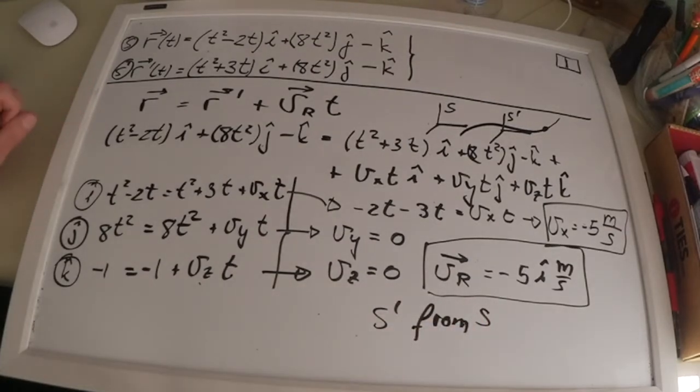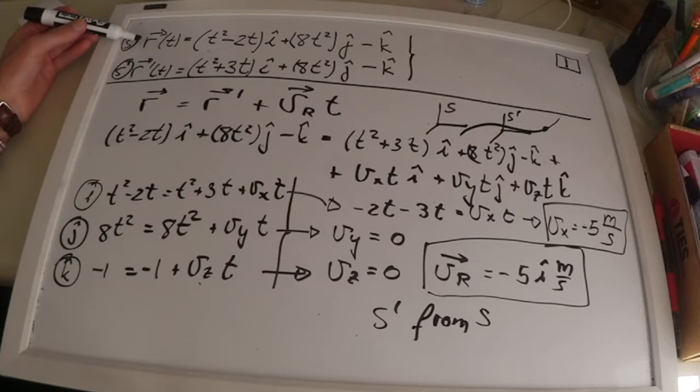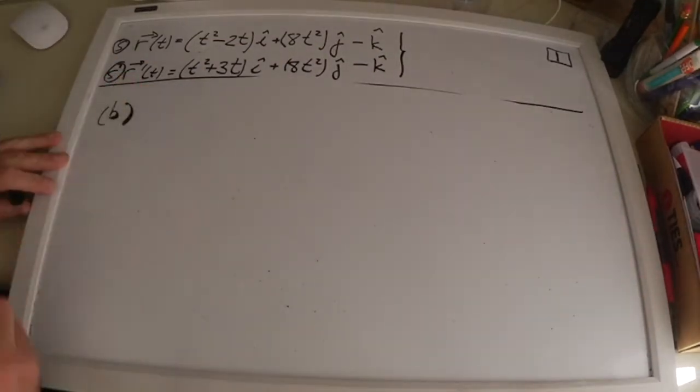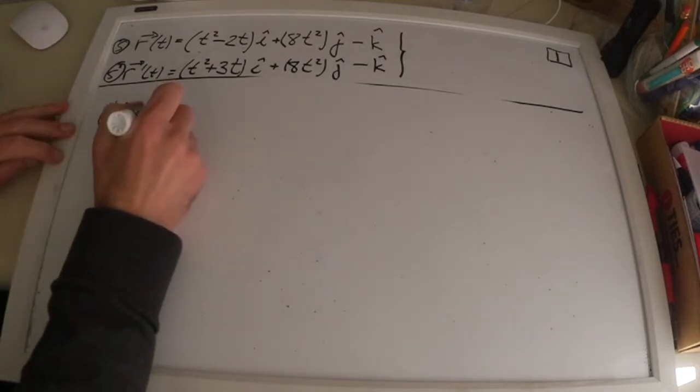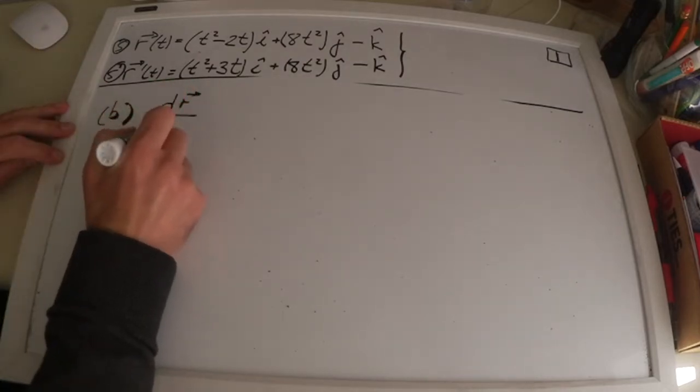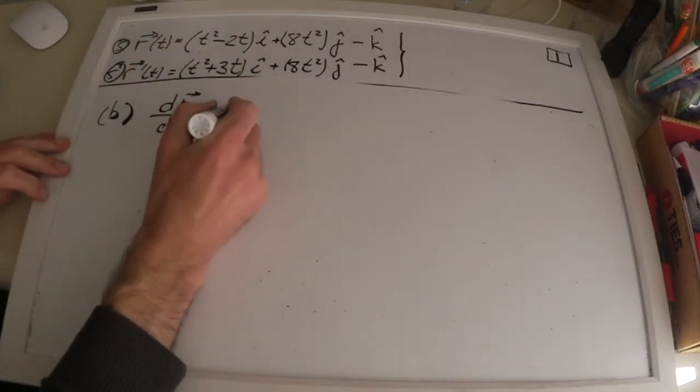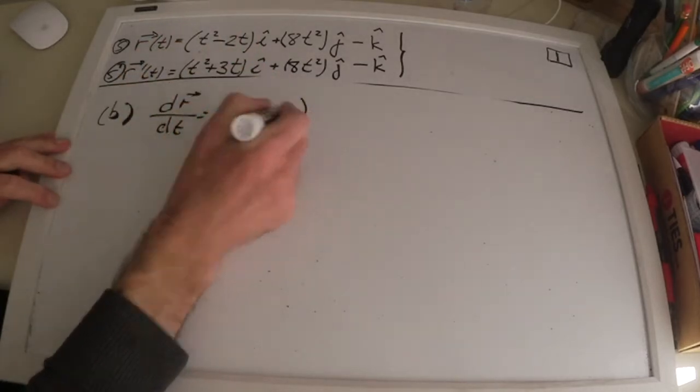Now, if we want to find the acceleration, what I will have to do is just differentiate the position to get the velocity, and differentiate again to get the acceleration. I will do that for S and S prime, and I will check if both accelerations are the same. That is B. The derivative dr with respect to t is going to be 2t minus 2.